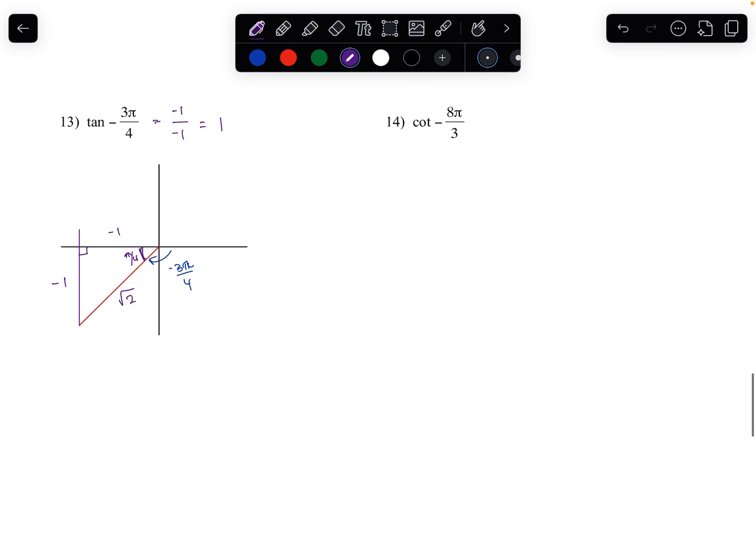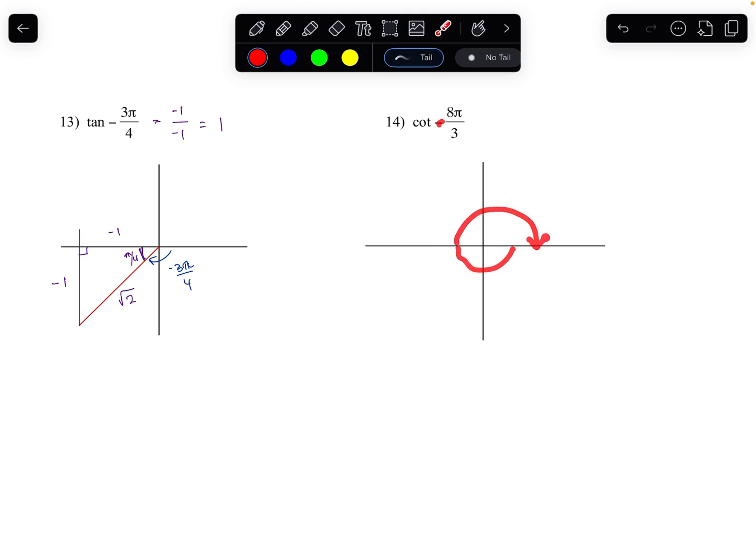And cotangent. So we have cotangent of -8 pi thirds. So 8 pi thirds. So each half has 3 parts, and we need to go 8. And we're negative. So 1, 2, 3, 4, 5, 6, 7, 8, 9 would be half.